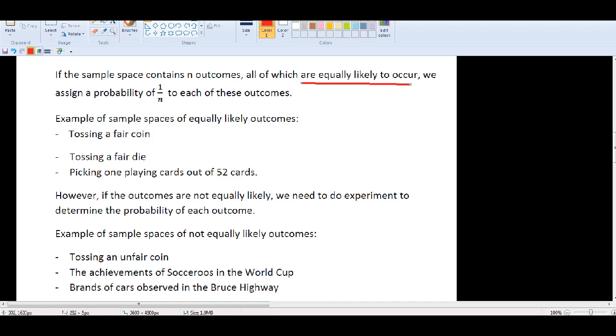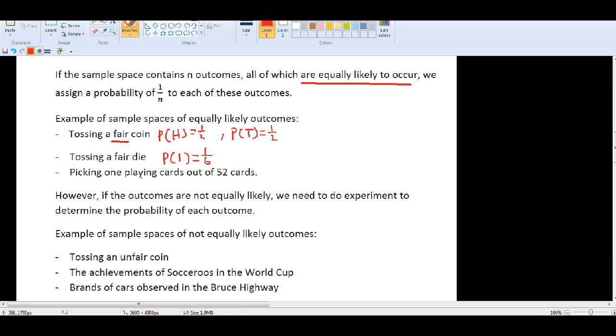For example, tossing a fair coin: each outcome has the same likelihood. Because there are two outcomes, the probability of head is a half and the probability of tail is a half. They are equally likely. Tossing a fair die, each number has probability 1/6.